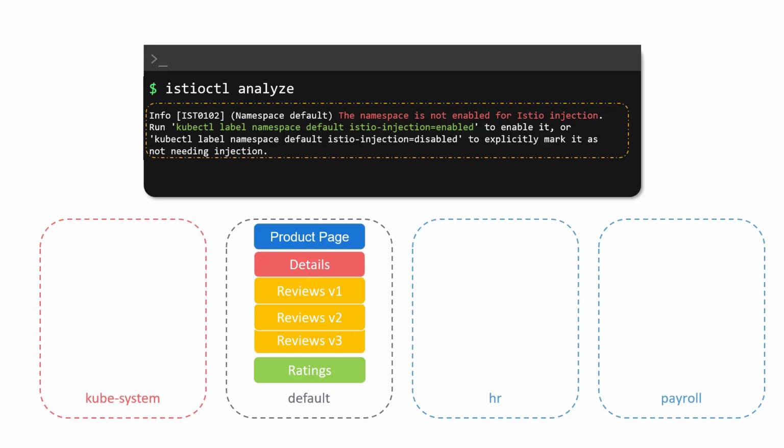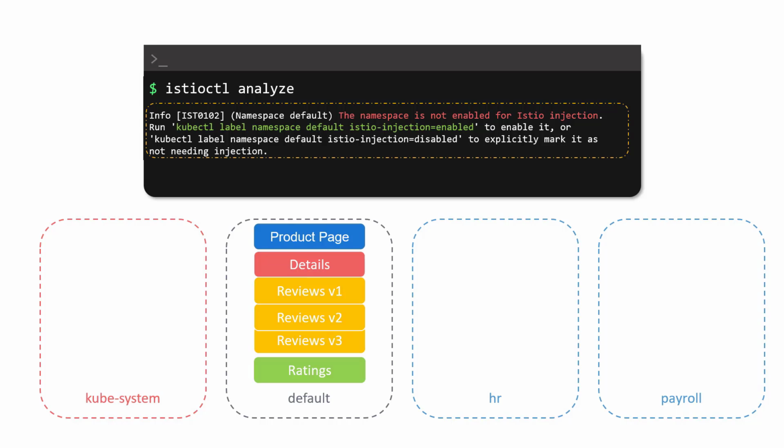You must explicitly enable Istio sidecar injection at a namespace level if you would like Istio to inject proxy services as sidecars to the applications deployed in a namespace. For this, as given in the output of the command, you must run the kubectl label command to specify the namespace where you want to enable sidecar injection by setting the value of the label istio-injection to enabled.